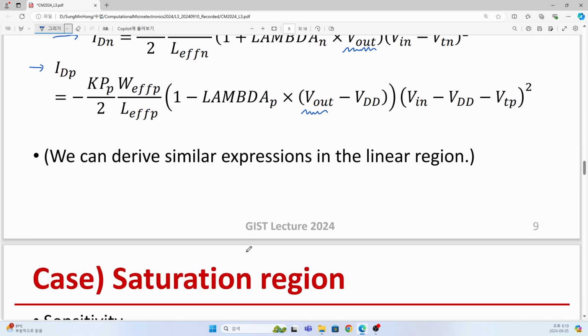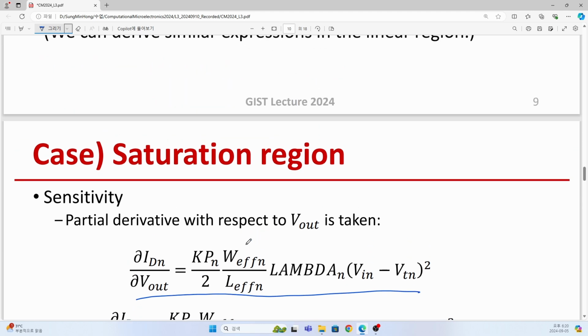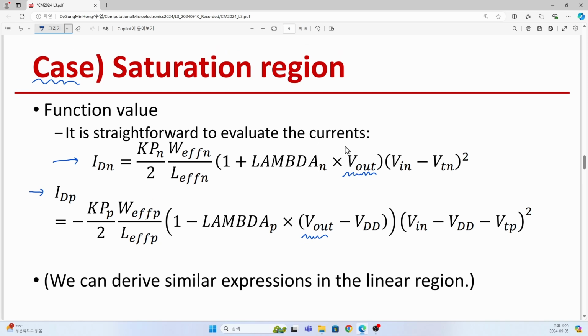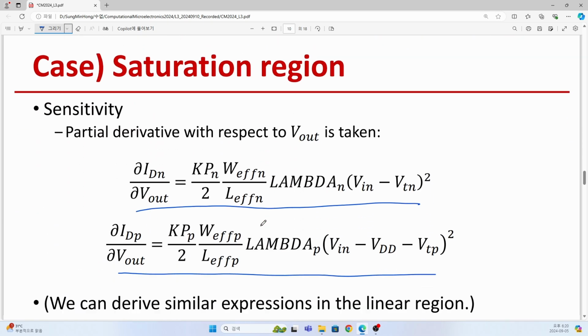For example, you can easily do it in this way. It is much easier than we expected, because this is just a constant with respect to our output voltage, and this is also a constant. Only this term should be differentiated, and here the derivation goes away, and only lambda n is the result of this derivation.